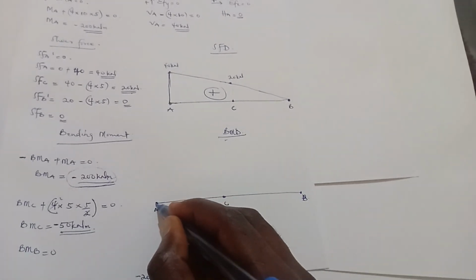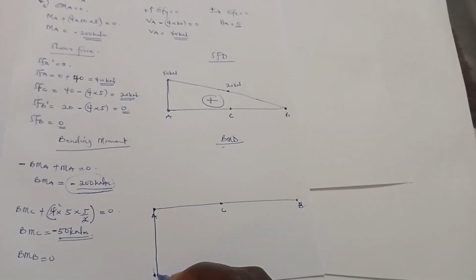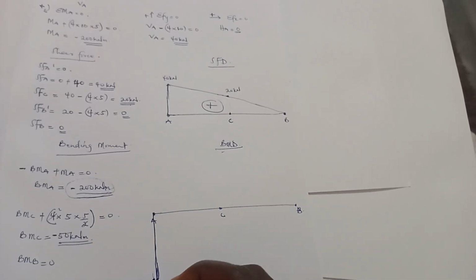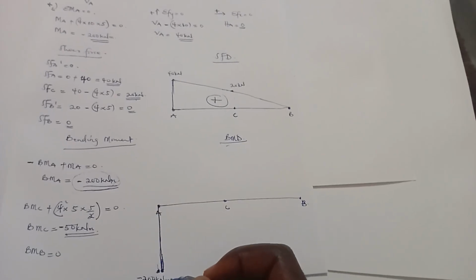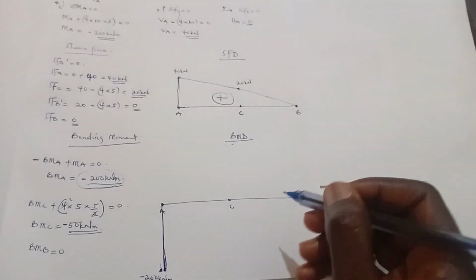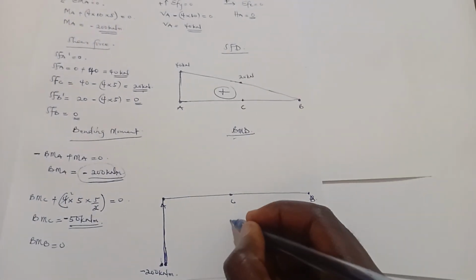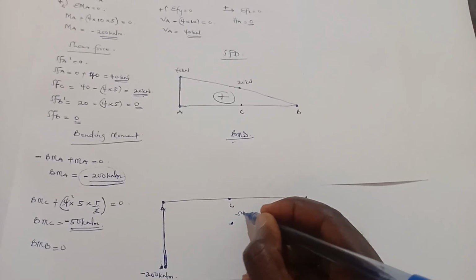We'll connect these two. So let's say the point is here. Now bending moment at C is negative 50, so negative 50 kilonewton meter somewhere here.